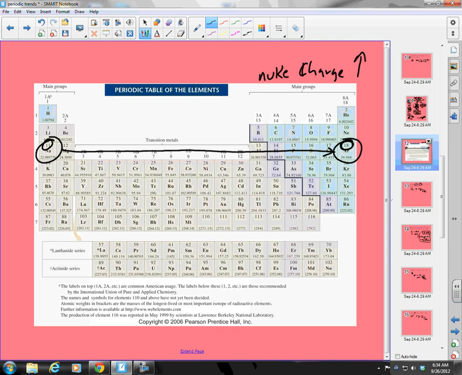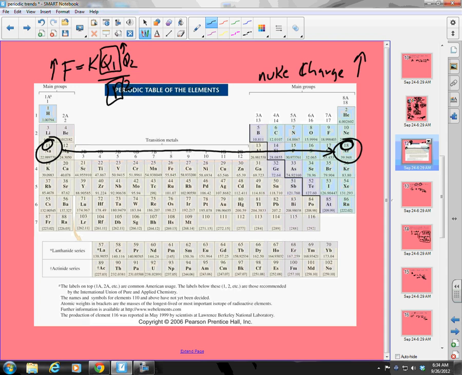And so what does that do? We said, if my nuclear charge increases, let's go back, force is equal to k Q1 Q2 over R squared, and that will be my nuclear charge, and here is my distance between them. So if my Q1 goes up, what happens to my force? It increases.